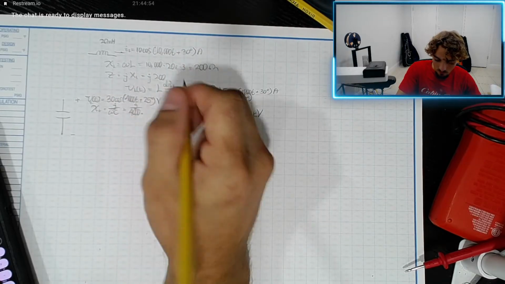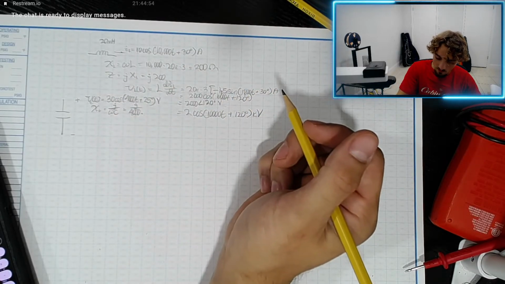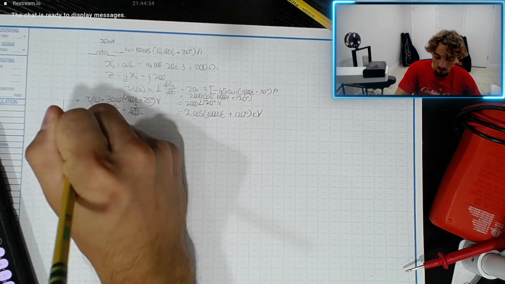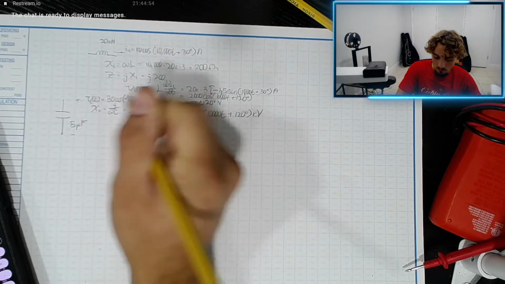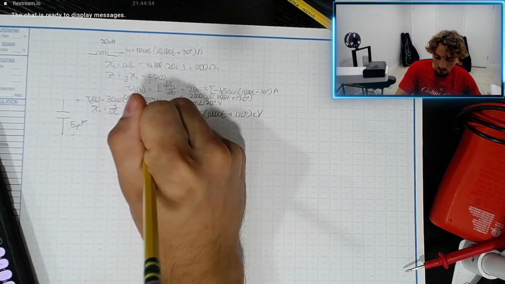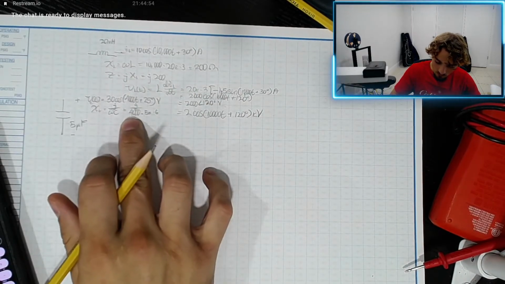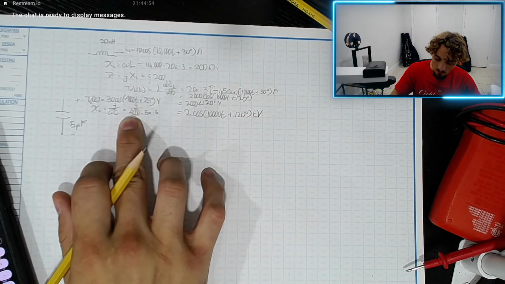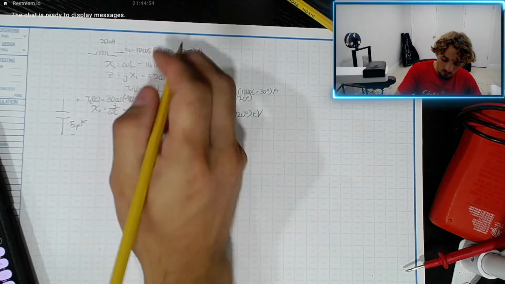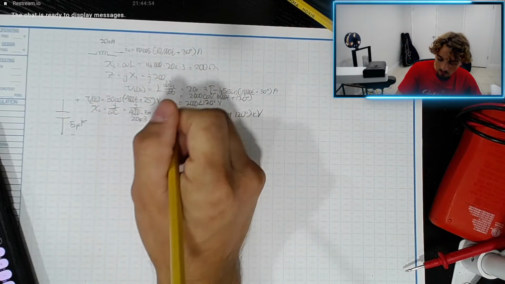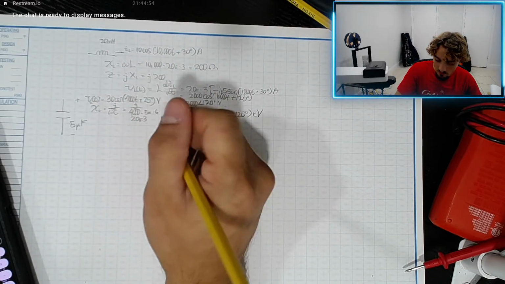And this would equal j divided by 4,000 multiplied by, what is our capacitance? Oh, I didn't specify. 5 microfarads, 5 e to the negative 6. Okay, so 5 times 4 would be 20, e3. So 2,000.